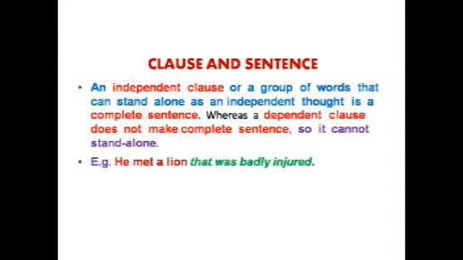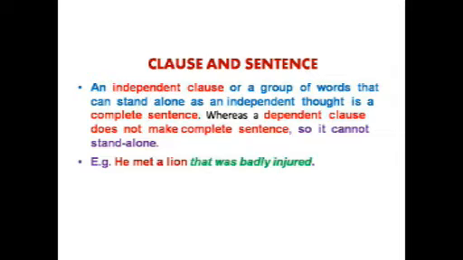An independent clause, or a group of words that can stand alone as an independent thought, is a complete sentence. So, we will see that there are two types of clauses. One is the main clause, which we call the independent clause, and we also have a dependent clause.